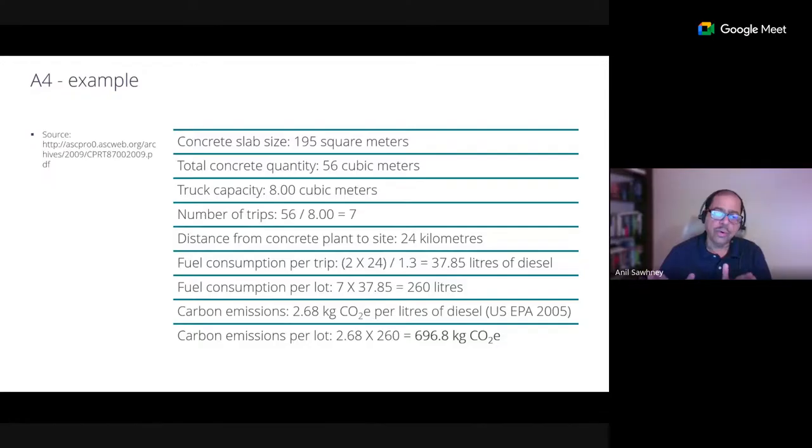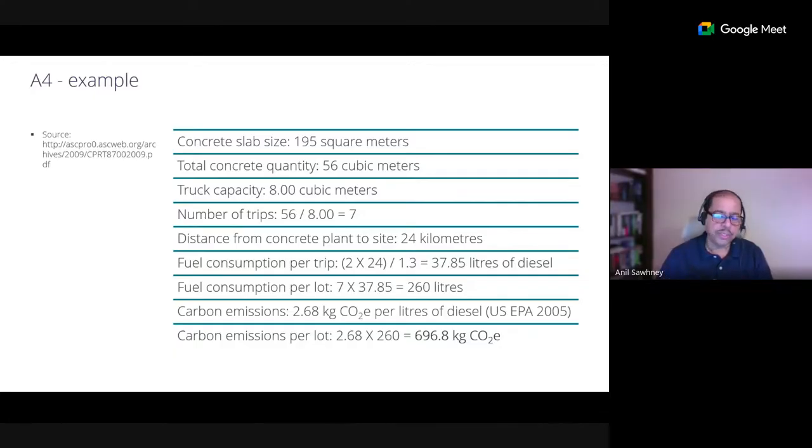Now you need to find out when that ready-mix truck is running, either for every kilometer it runs, what are the emissions, or for every liter or gallon of diesel that's burned, what is that carbon factor. In the US, the EPA publishes this. In the UK, the Statistics Office publishes this.